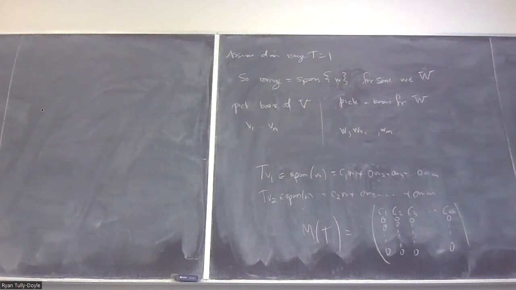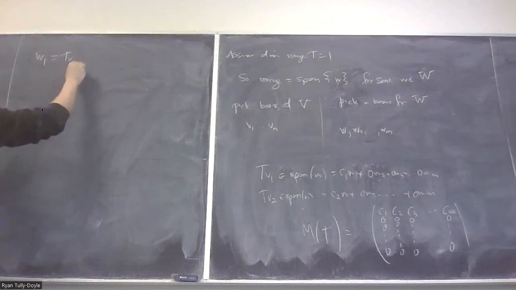I said, okay, so I have the W1 in W such that W1 is equal to TV1 minus W2, and then minus all the way to Wn. Okay, so you have W1 is equal to TV1.